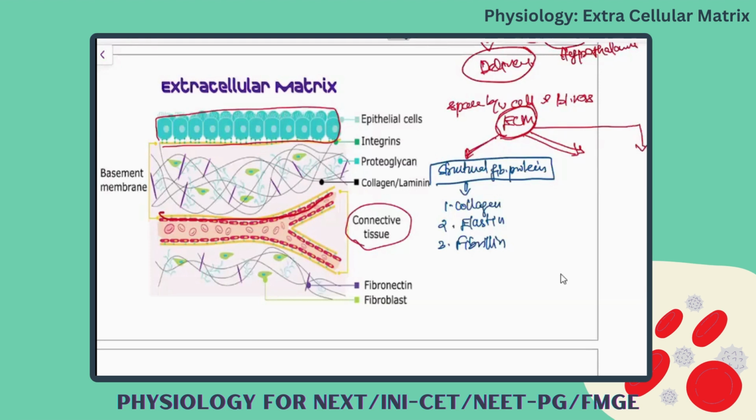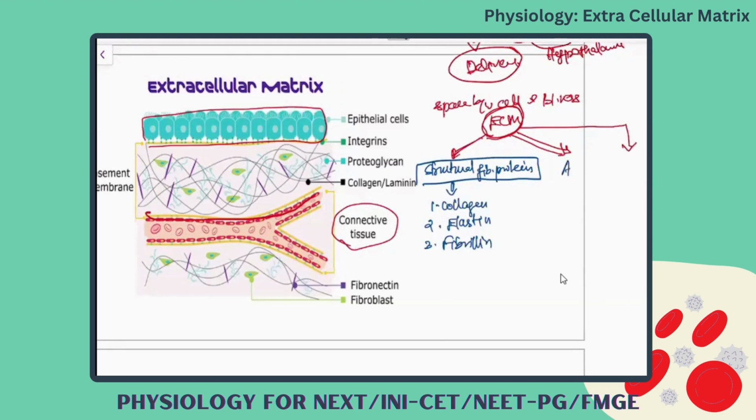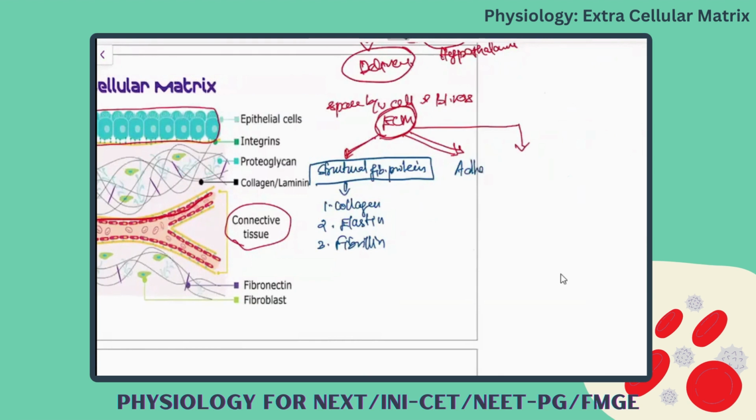And the second one is the adhesive glycoprotein. As the name says, it is involved in the adhesion process to maintain the extracellular matrix.